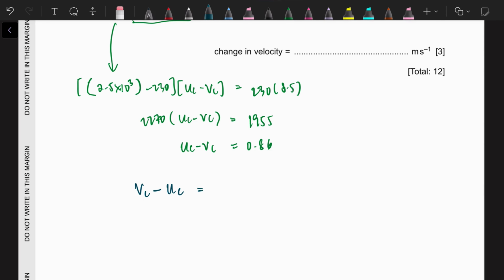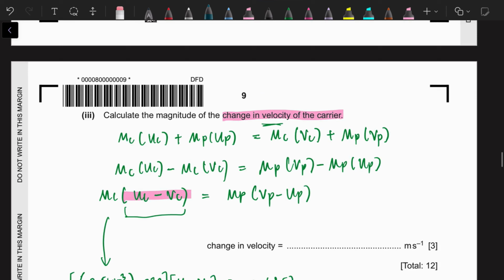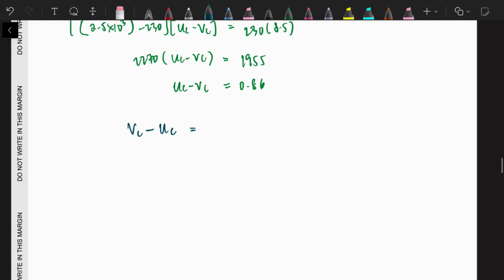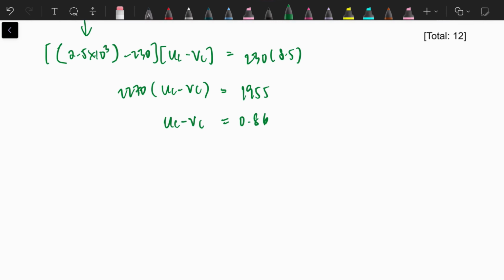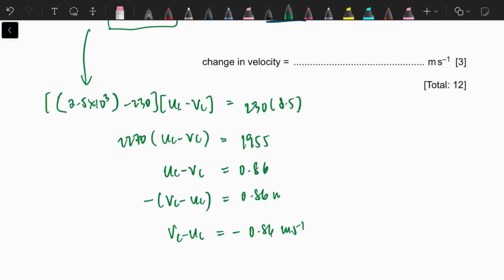Right, that's how we were looking at it, like here, final velocity minus initial velocity. In this case, it is initial minus final. So the right way to interpret this is to write it as negative, VC minus UC equals 0.86. So VC minus UC is actually negative 0.86 meter per second. Don't forget your unit, meter per second.